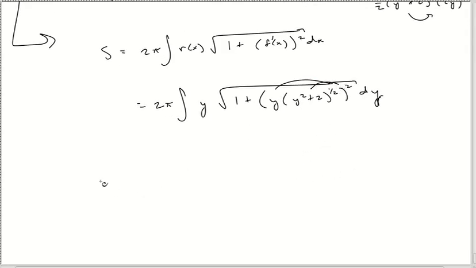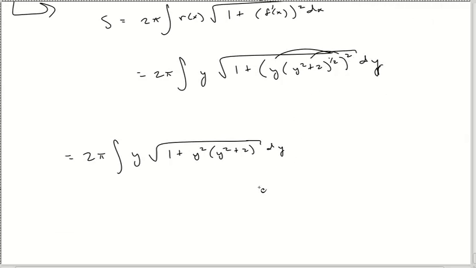Distribute your square. And so what you get here now is y squared, and then y squared plus 2, like this. These cancel one another. You could distribute this as well: y to the 4 plus 2y squared plus 1.